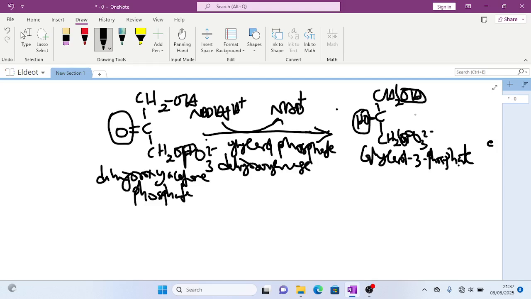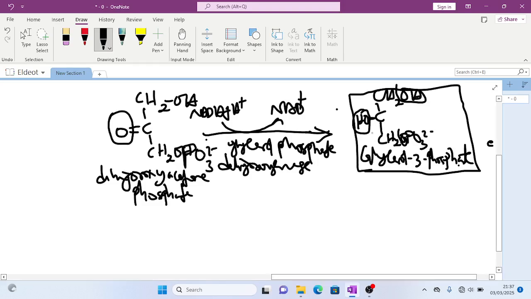And then what happens next is that there's going to be dephosphorylation of the phosphate group from glycerol 3-phosphate to give us glycerol. Anyway, glycerol 3-phosphate is a very important raw material for the manufacture of triglyceride, and this is one route by which glycerol 3-phosphate can be formed, by reducing dihydroxyacetone phosphate with glycerol phosphate dehydrogenase.